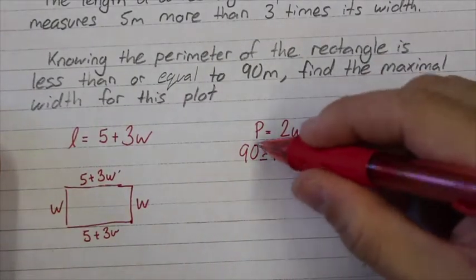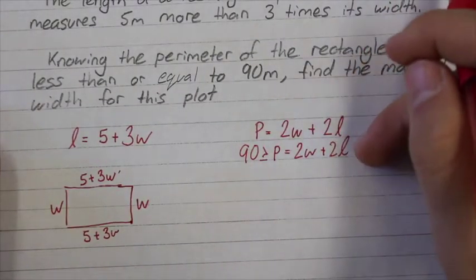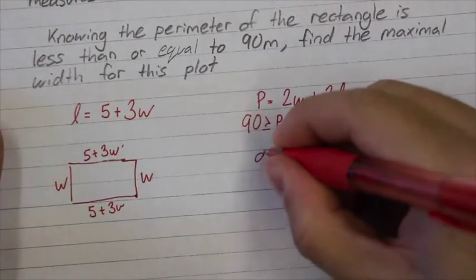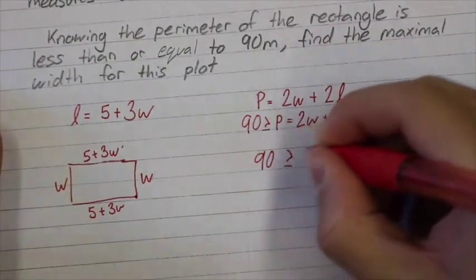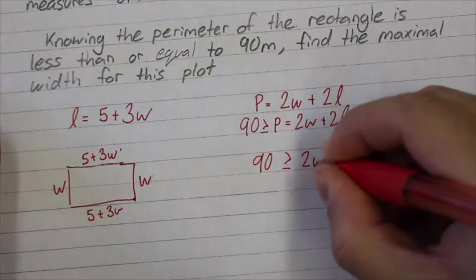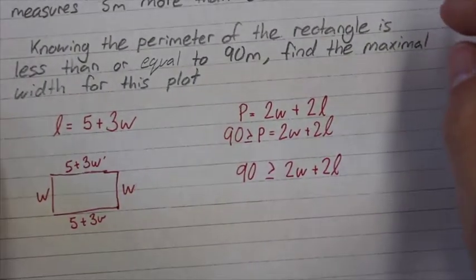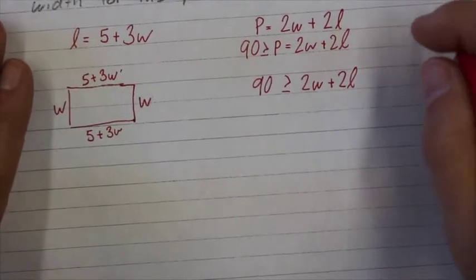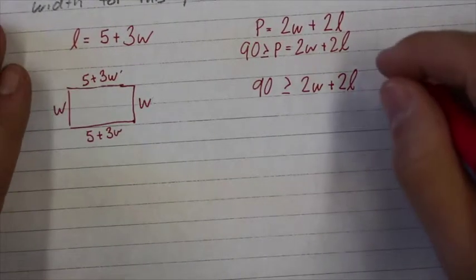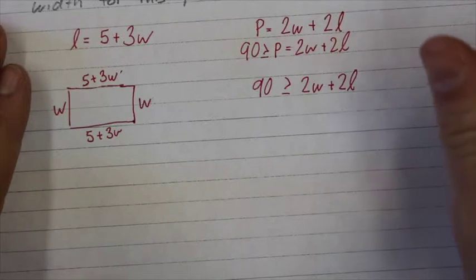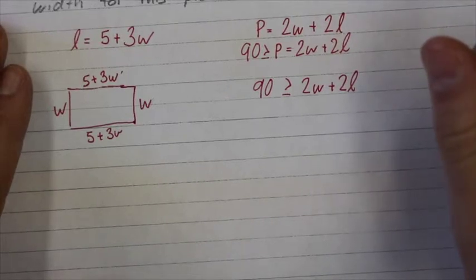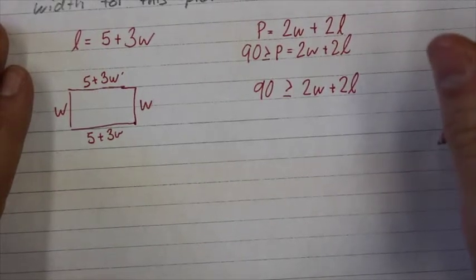So if the perimeter equals this expression, then I'll simplify this and just say 90 is going to be greater than or equal to 2W plus 2L. Now it's simply a matter of solving a system of equations. Do we need both coordinates in this? Ask yourself that. Do we need to find the width and the length?